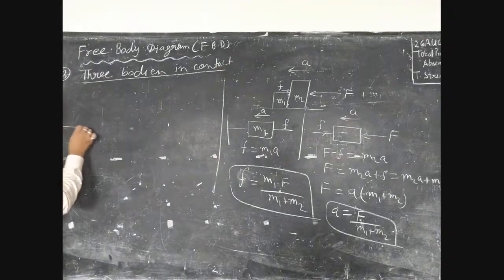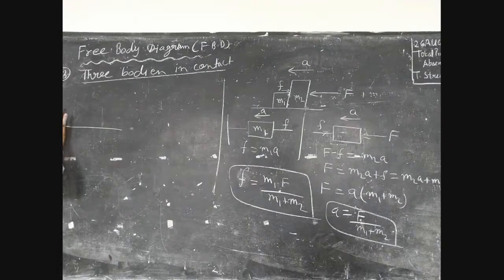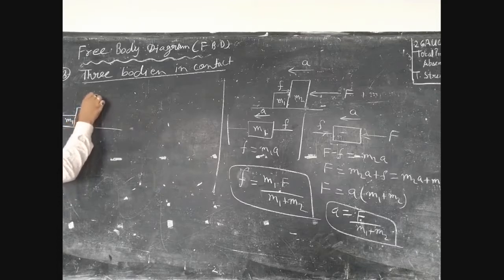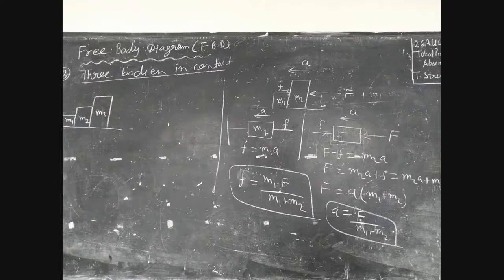See. This is M1. This is M2, this is M3. 4, 5, 6, however many there are, you have to make them like this. The force F is applied from here to the smaller body.